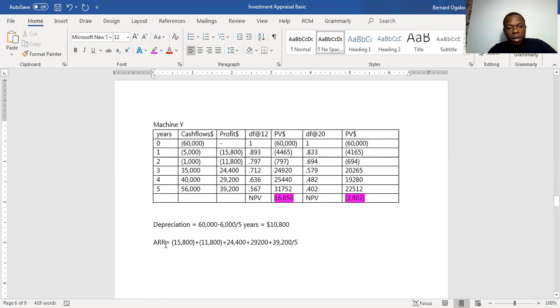Sorry, this is average profit, not ARR. Average profit.